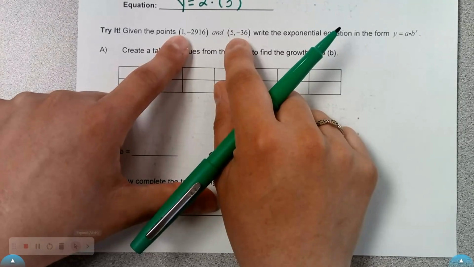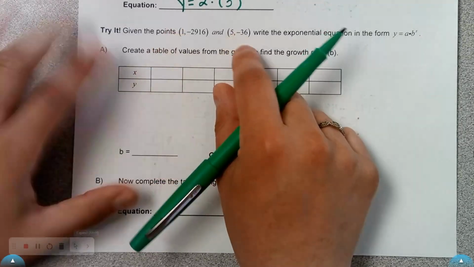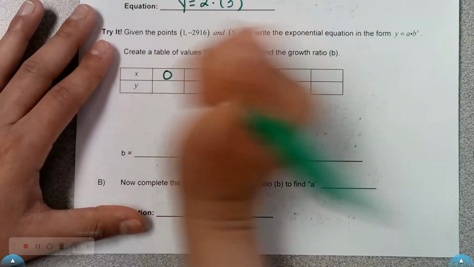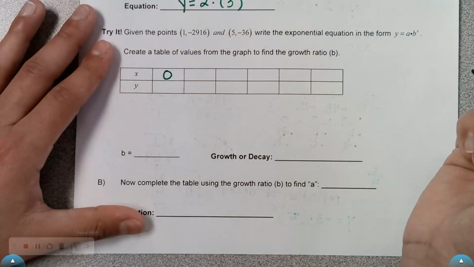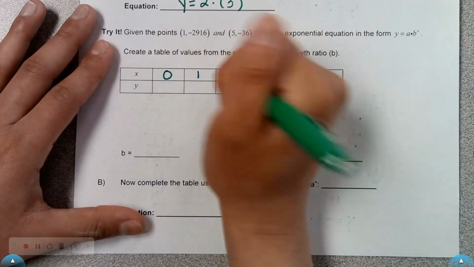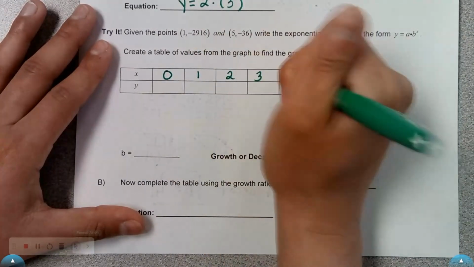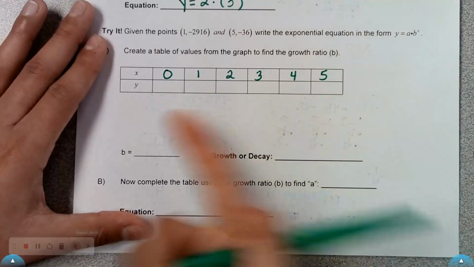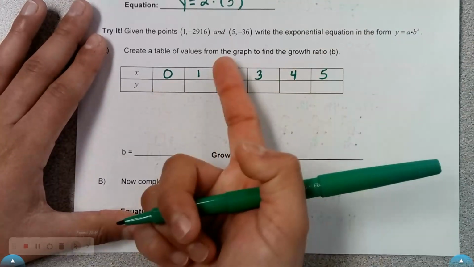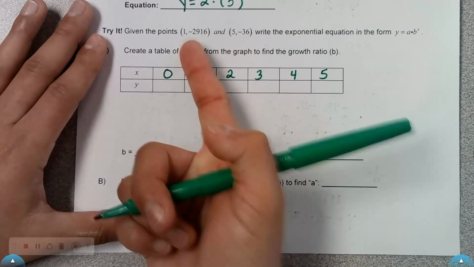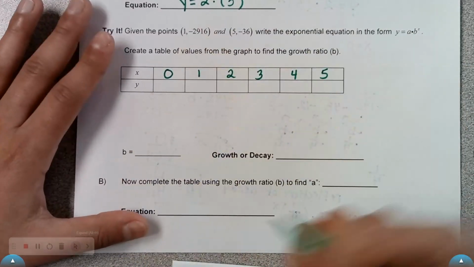And you want to make sure that you include your start. Since these are positive, I want to put my 0 right here. And so then this is going to be 1, 2, 3, 4, 5. You just want to make sure that you cover all of your numbers, your 2 x's and your points, and then obviously the 0 where the start is.